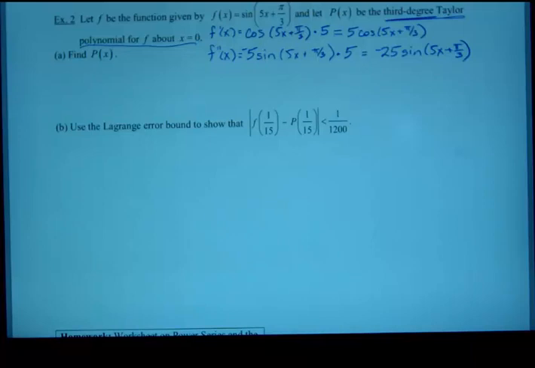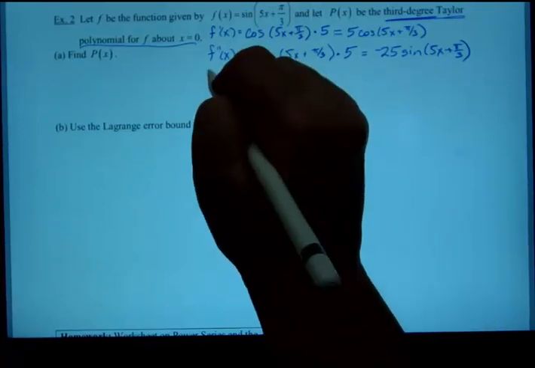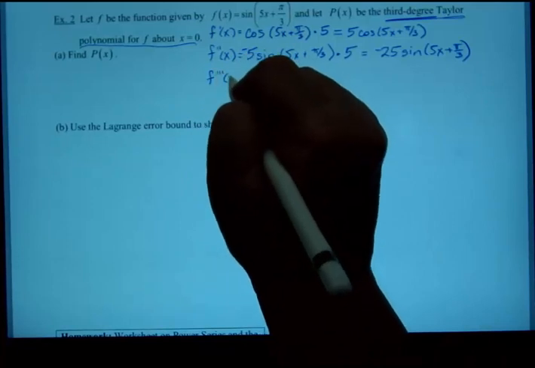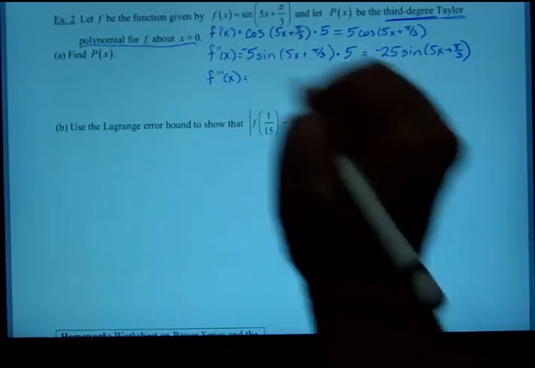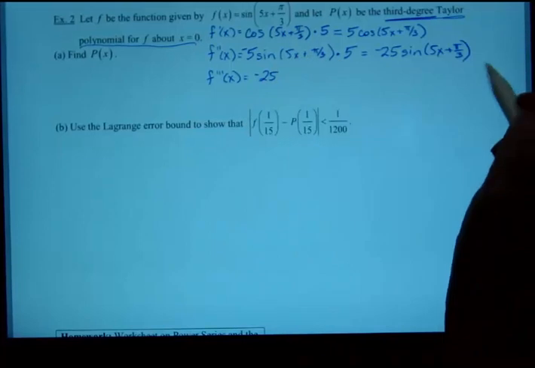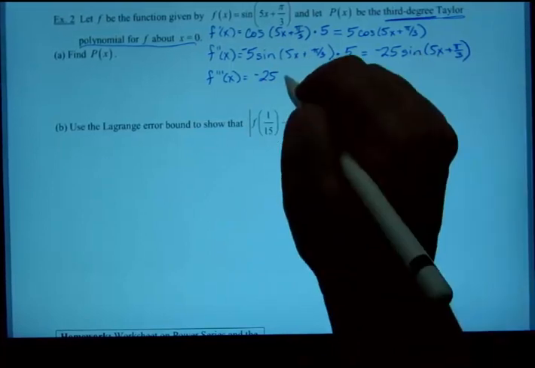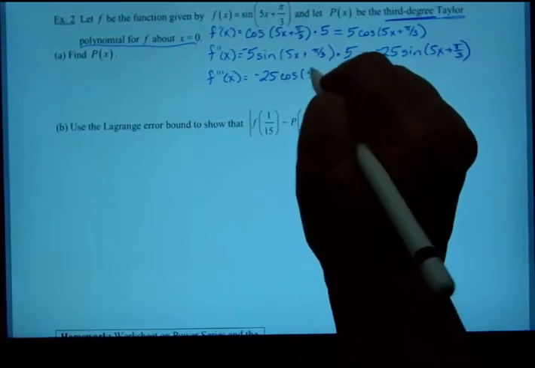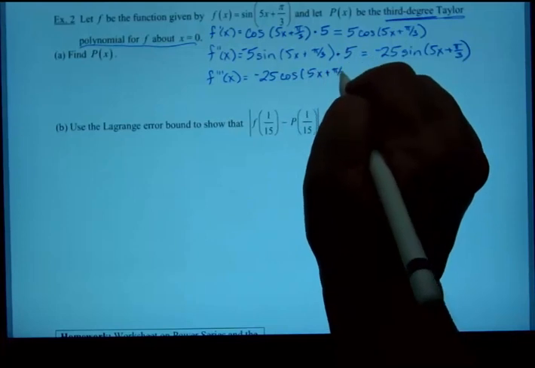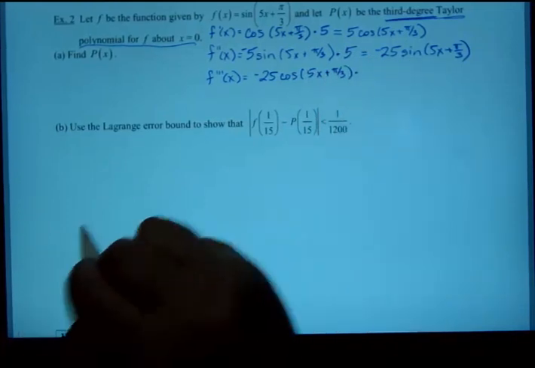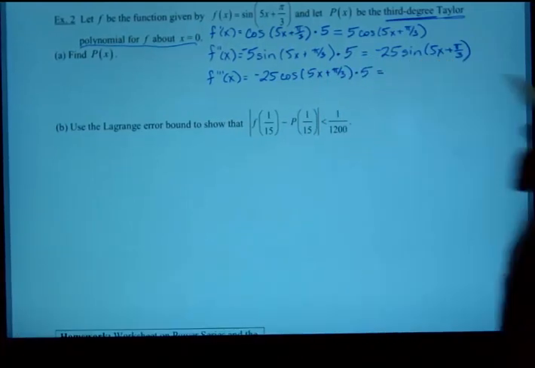Are we good? Yeah. Next one. Triple prime. Last one we got to do. So copy the negative 25. Derivative of sine is cosine 5x plus pi over 3 times another 5. What's 25 times 5?